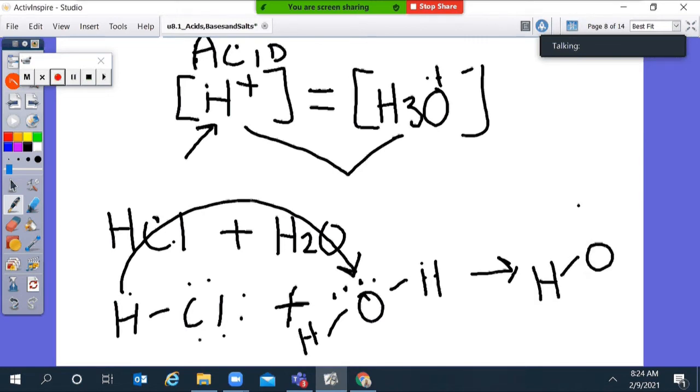Now because the mole ratio between hydrogen or proton and hydronium are the same, we can count them as both the same. So we always say that the concentration of H plus is equal to the concentration of H3O plus. We said that in honors, and that also applies in our AP course.